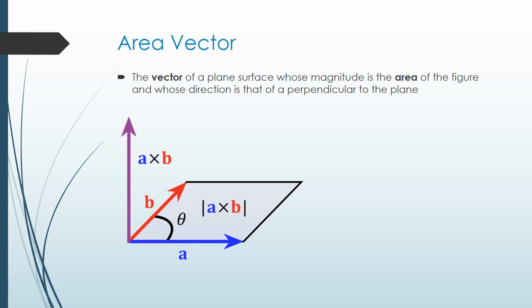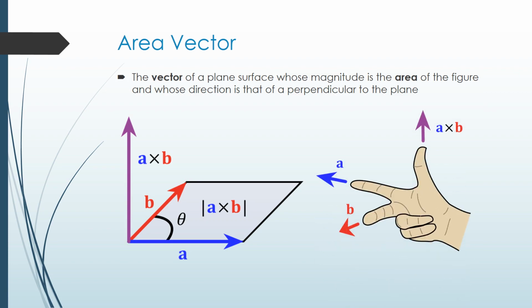Now if you want to find out the area vector, the direction of this area, you have to take the cross product of length A and length B, and actually the angle between length A and B is 90 degree. So if we take the cross product, the direction will be always perpendicular to the surface of this plane.